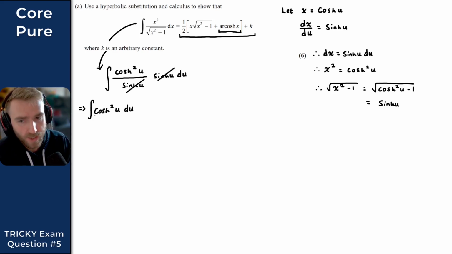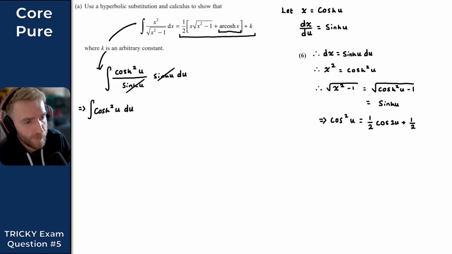Okay, so cos squared u, as I've just said, I don't know that off the top of my head. However, I do know that cos squared u, let's just do that over here then, is 1 over 2 cos 2u plus 1 over 2, right?